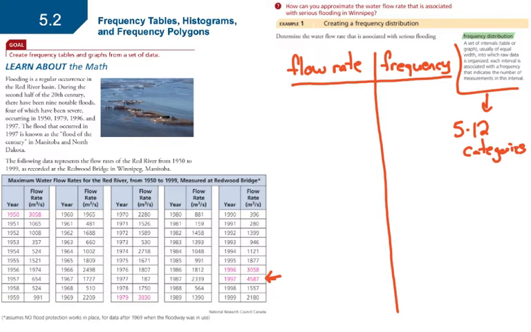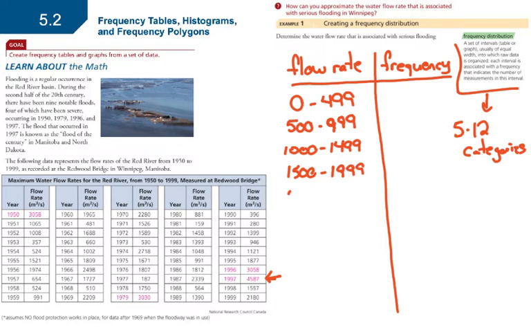We will still use 500 as our width, but our first category will not end at 500. It will end at 499. Then our next category will start at 500, and instead of going all the way to 1,000, it will go to 999. So just one less than our starting point, just so we don't have any overlap, just so we don't have any confusion there. Next category, 1,000 to 1,499, and so on, and so on.